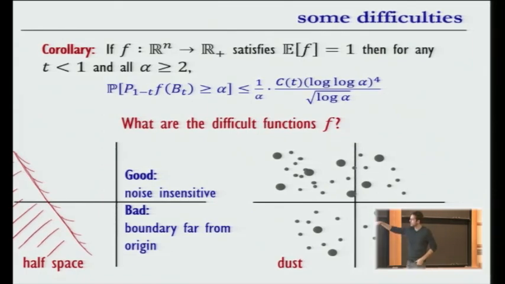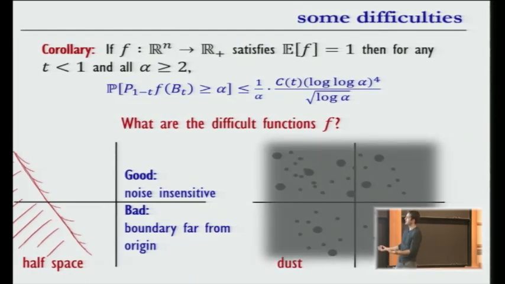In Gaussian space, this is some kind of dust. Is it possible that you take this f to be an indicator of this dust, and then you apply noise, and by some magic of cancellations, you get something that looks fairly uniform everywhere and has some large value?